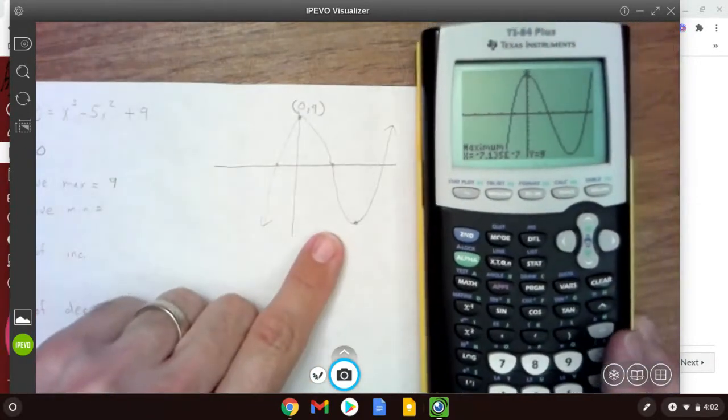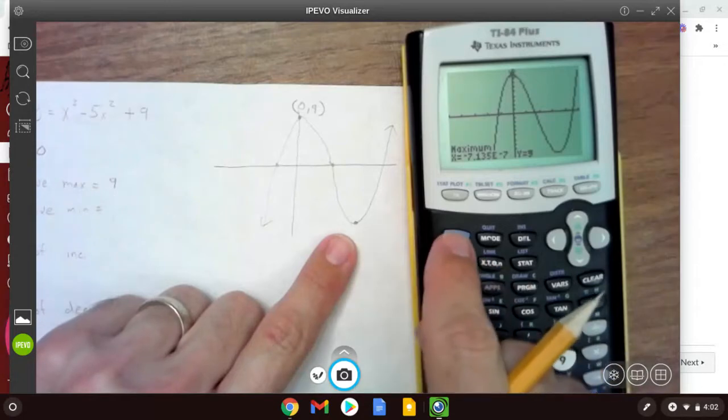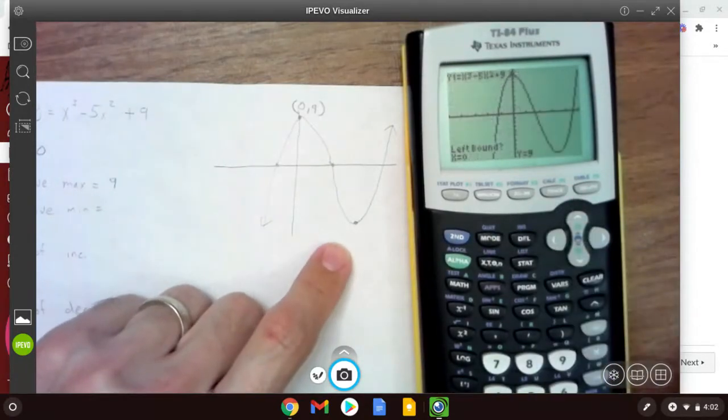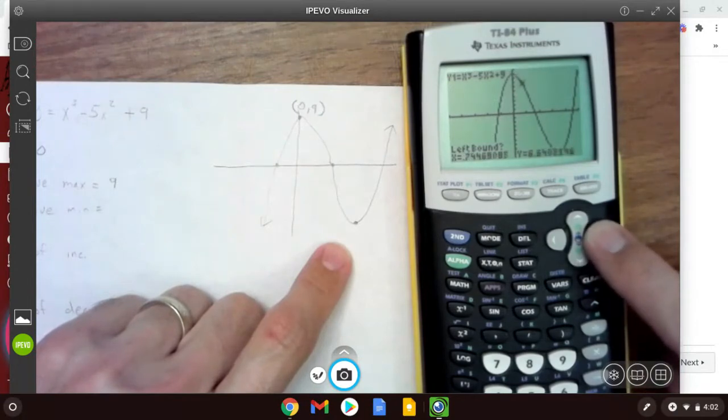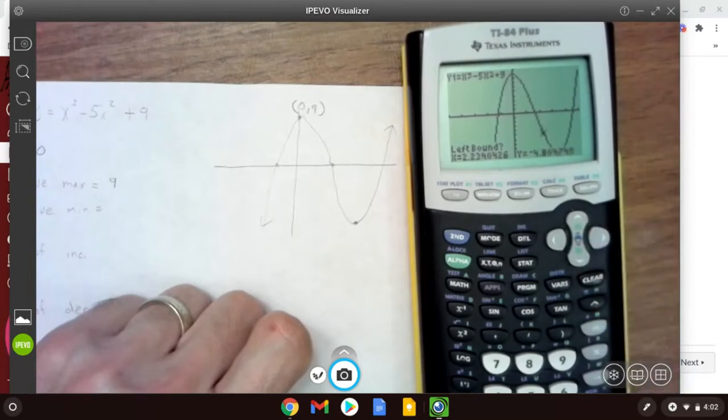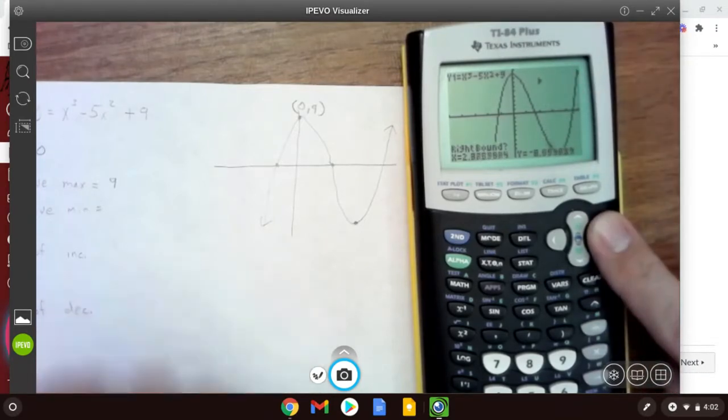And then here we're going to find a minimum. So go back to the calc menu, minimum. Then we'll move that blinking dot anywhere to the left of that spot. I could go there, or I could have done it up here. And then we'll go to the right of it.